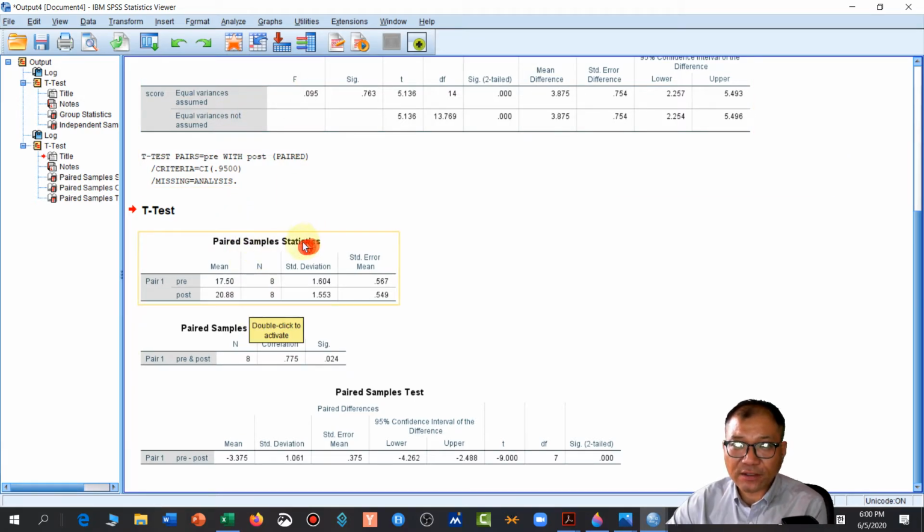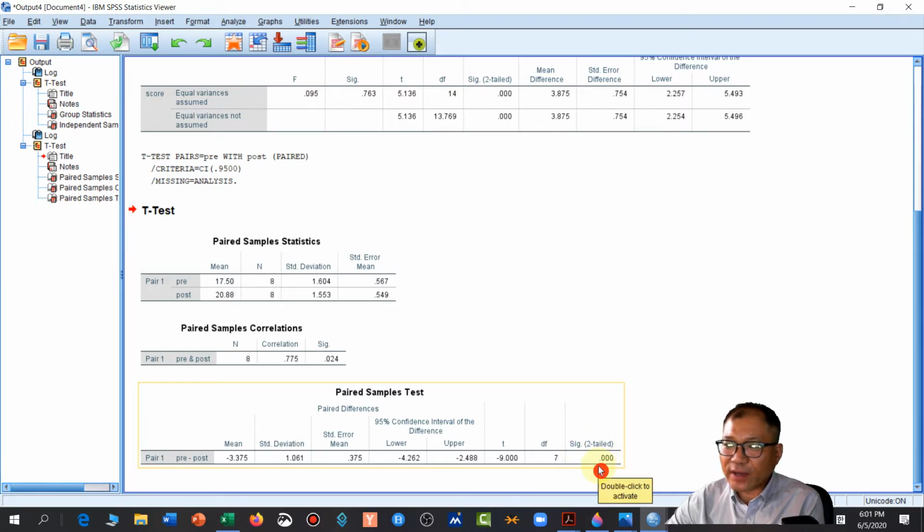Because they care about how much they changed between pre and post. So that is the reason that you cannot use the formula that I gave you, steps 1 to 8. There is another formula, but I don't want you to calculate t-scores for paired samples t-test, dependent t-test, by hand. Okay, so this is how you use SPSS to calculate the t-score for dependent t-test.